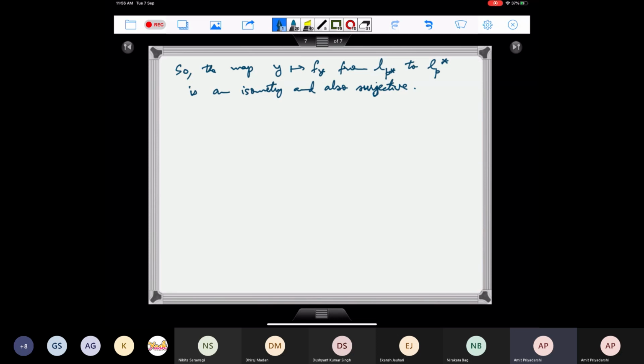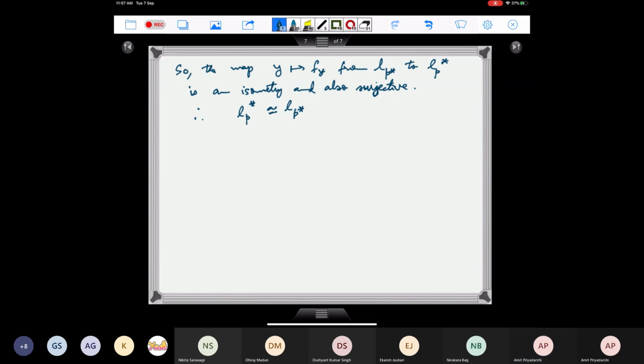So what we get is that therefore the dual of LP is the same as LP star. Strictly, I should say that this is isomorphic to LP star.